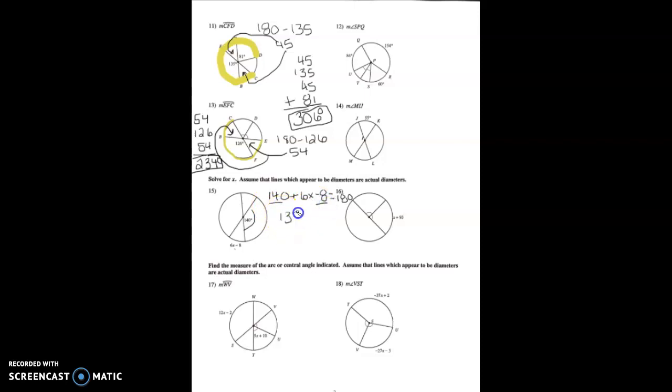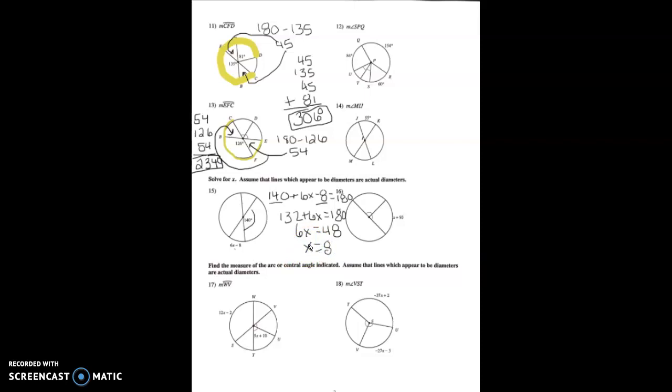So you got 132 plus 6x equals 180. Then if we subtract 132 from both sides, you end up with 6x equals 48. Divide both sides by 6, so x equals 8.